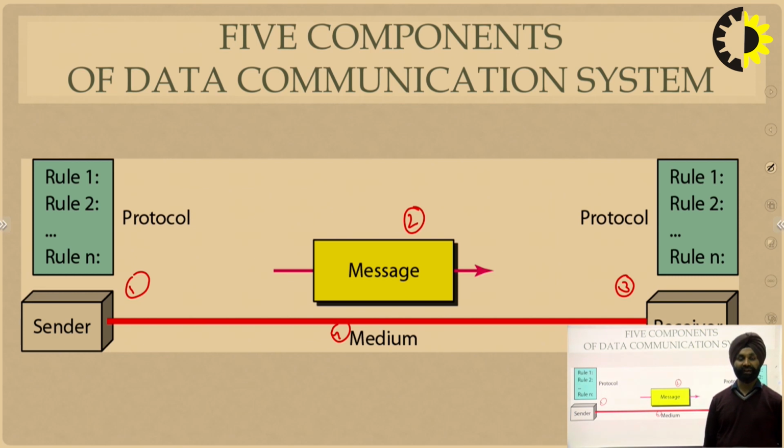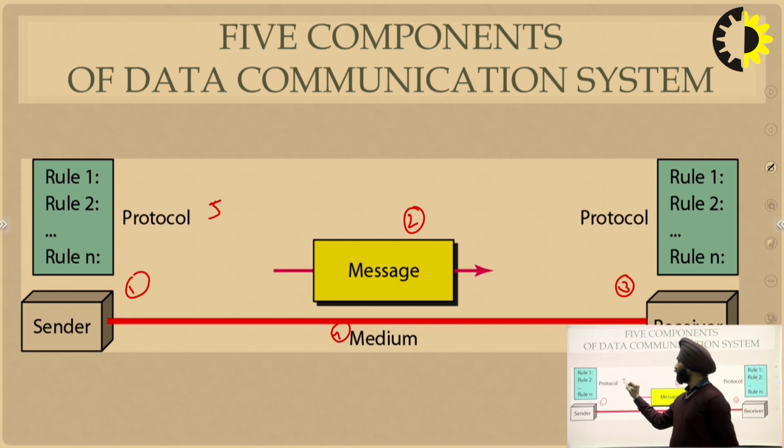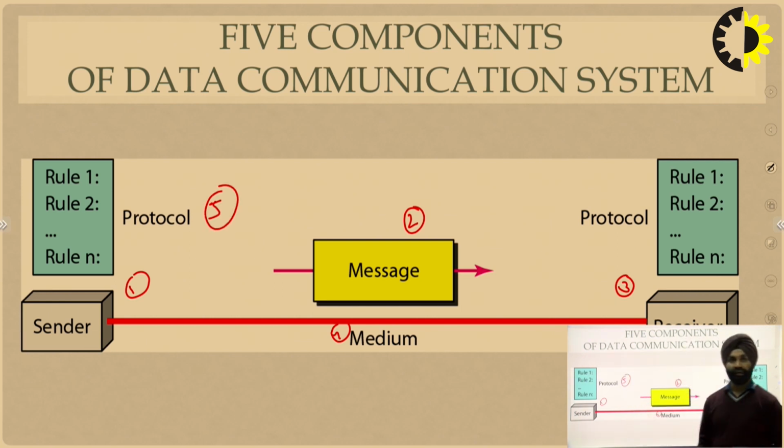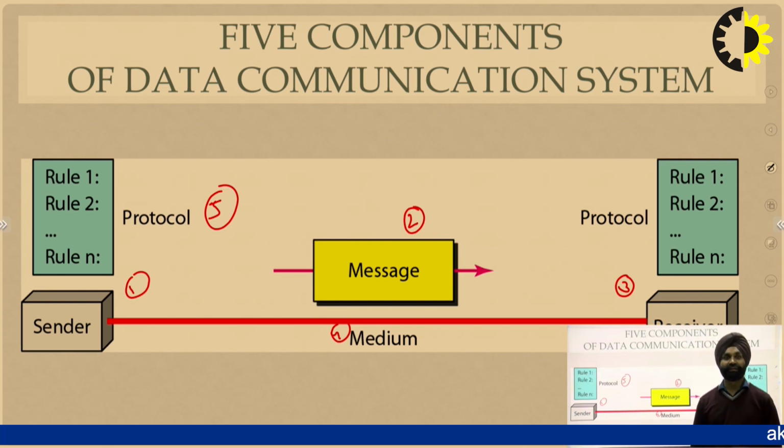But for effective and actual communication, we need a fifth component, which is the protocol. A protocol is a set of rules, which we will discuss again later in the lecture, that are required for effective communication.